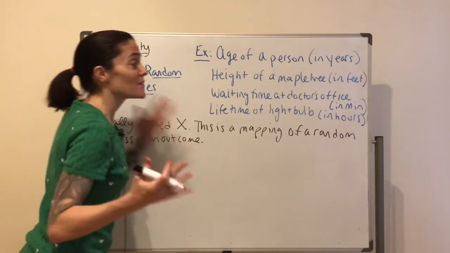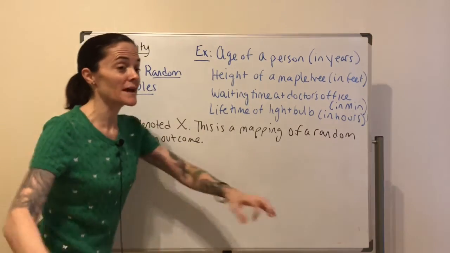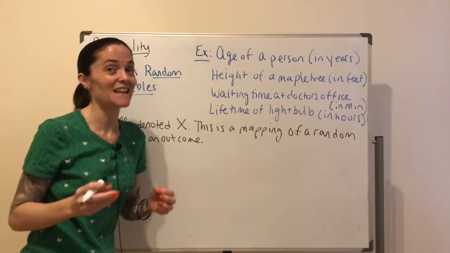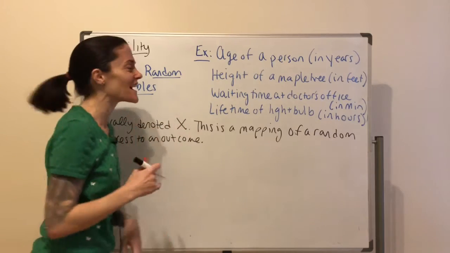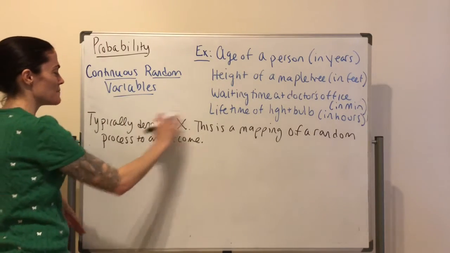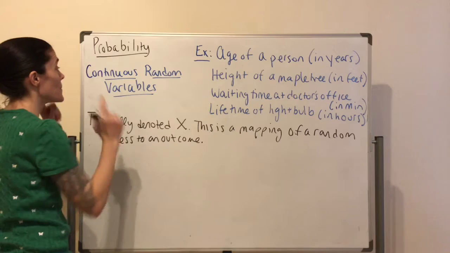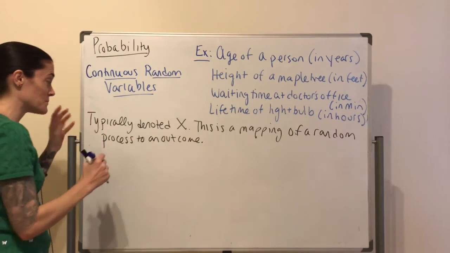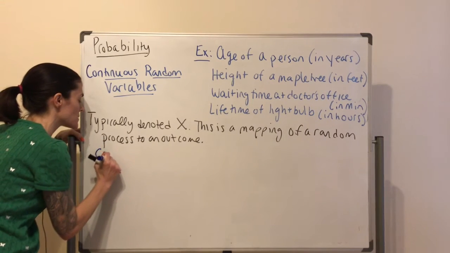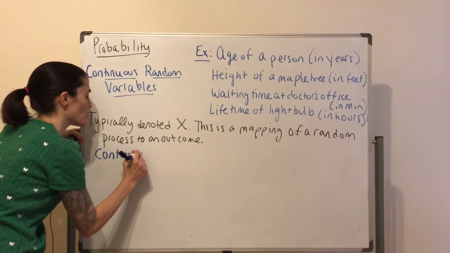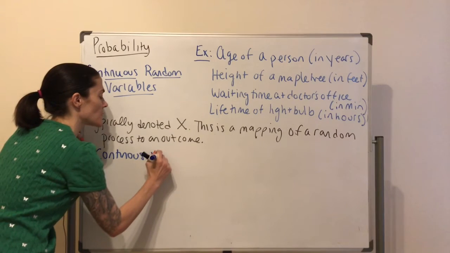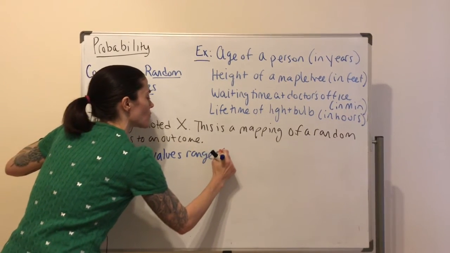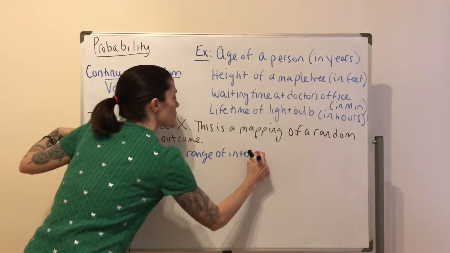Or for the lifetime of a light bulb in hours, you pick a random light bulb coming out of a factory, and then you plug it in, and then you just measure, right? This is the mapping of a random process to an outcome. Now, we are focused on continuous random variables, which means the values range over an interval of real numbers.